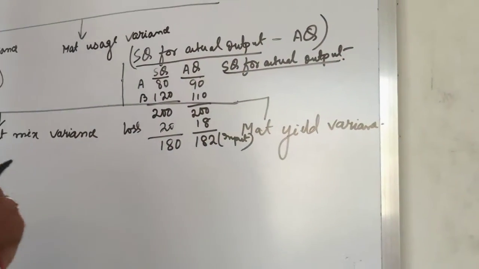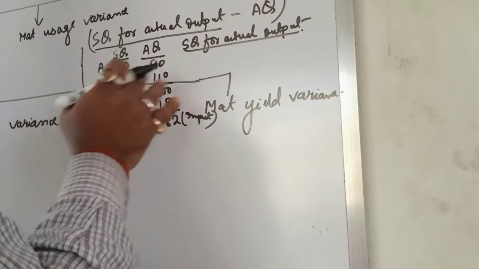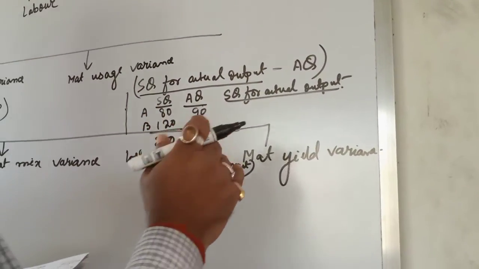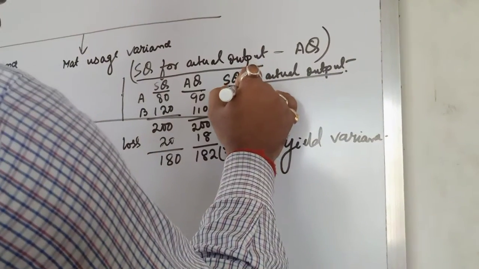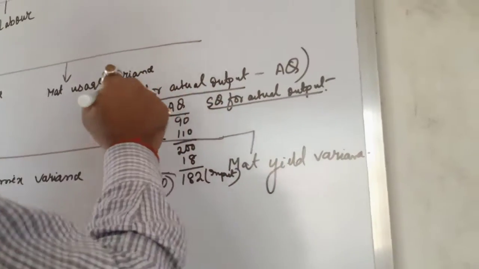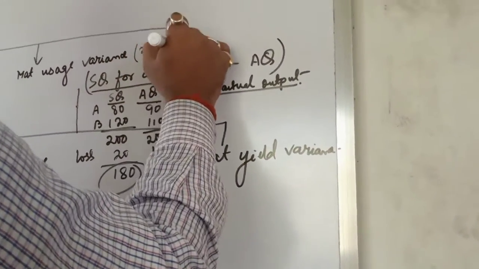Now we have to make the standard quantity for actual production. This is no problem because we can derive it by the unitary method. This is 180 because we are calculating usage variance, and that is always net of loss.